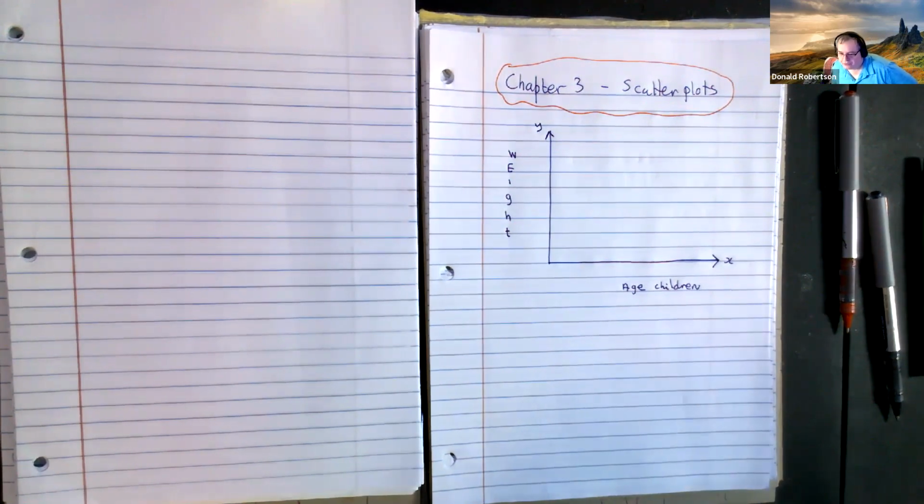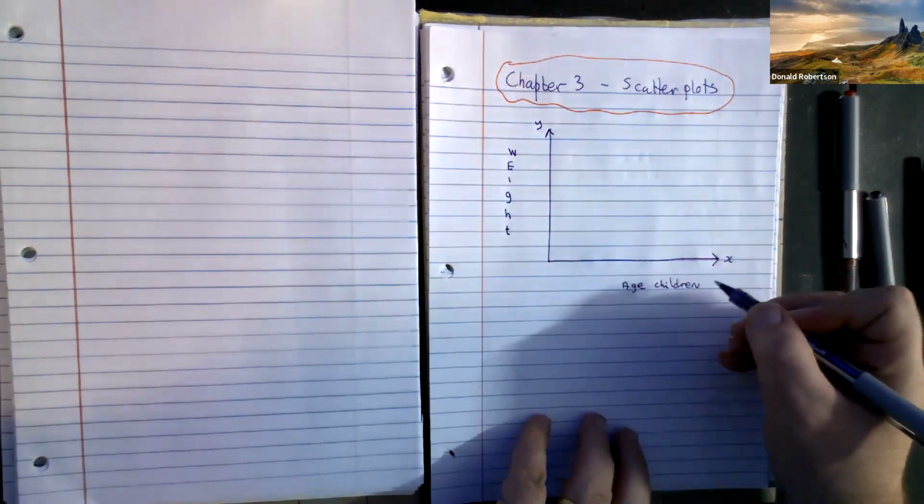And what you do is you go to a nursery school, a primary school I would call them, and you collect data on lots of children and you say, how old are you, John? And weigh them. How old are you, Janice? And weigh, right? And you would plot each data point.